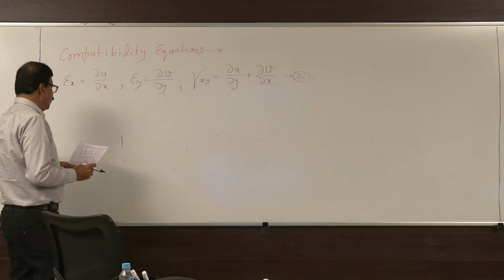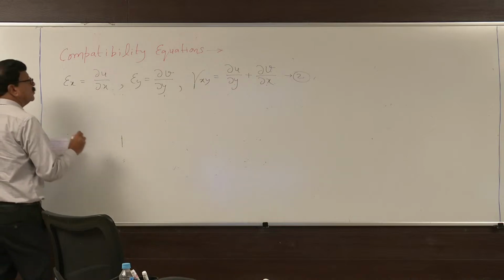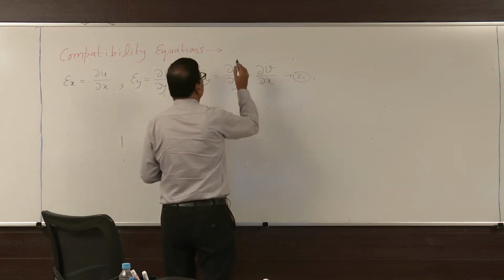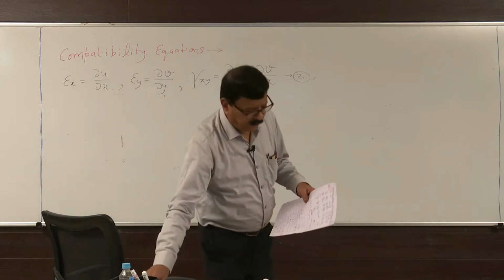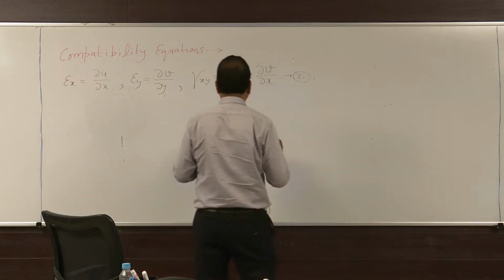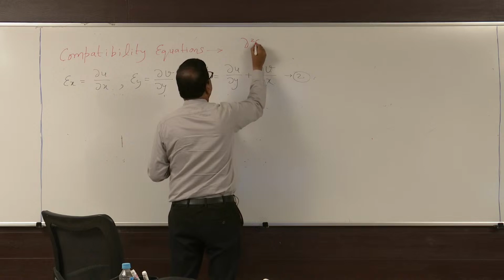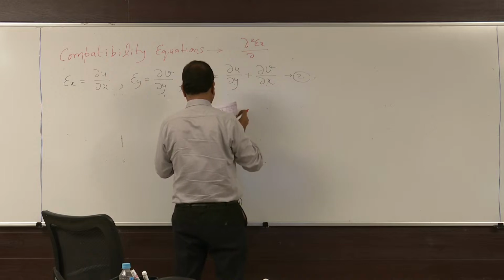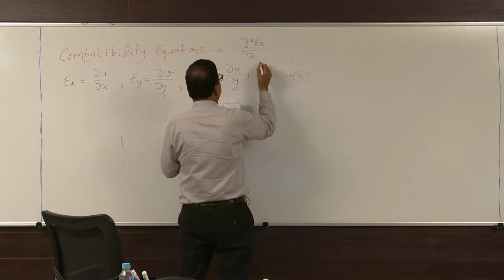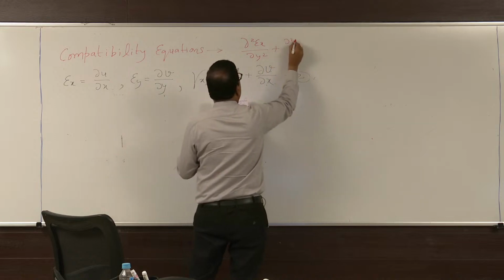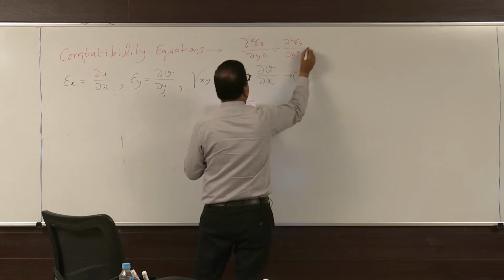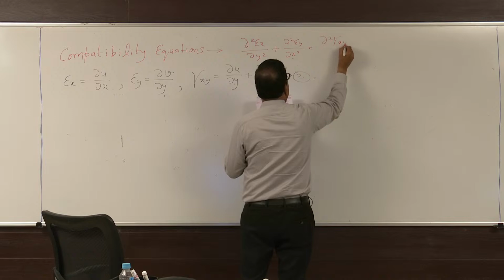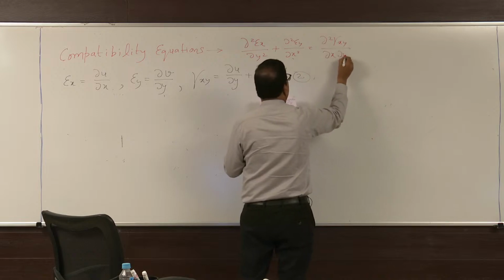Now we have to prove the equation of compatibility: del square Ex upon del y square plus del square Ey upon del x square is equal to del square gamma xy upon del x del y.